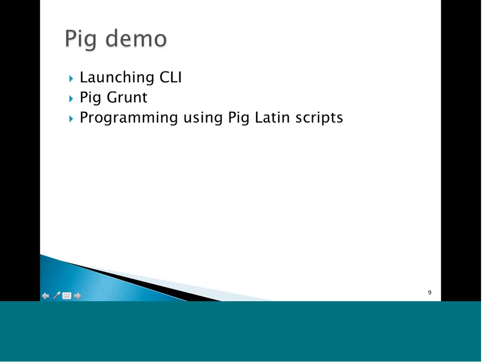So now we'll be looking into the pig demo. We'll be launching the command line interface, which is the pig grunt, and then we will program a sample pig script, which is called a pig Latin script, and we will validate whether it is working as expected or not.